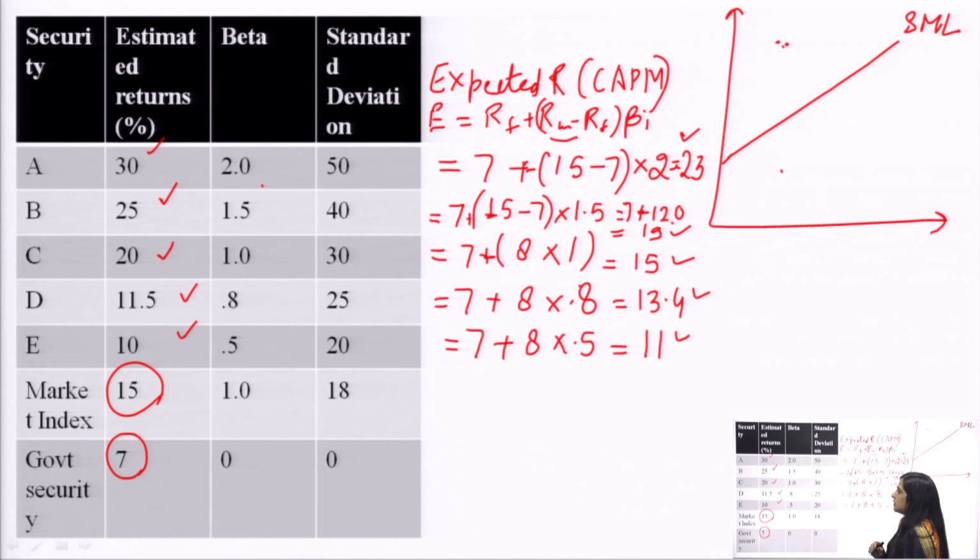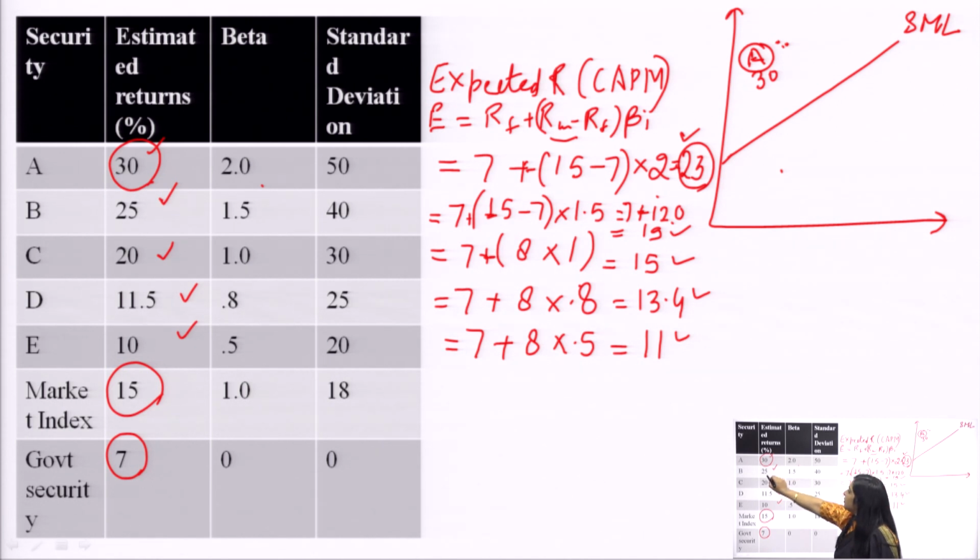So, if we compare this with this, for security A it is evident that security A is giving us 30% return, but according to CAPM it should have provided us 23% return. What does it mean? It means that it is giving us better returns. So, this 23 should lie on this line, but it is giving us 30%. So, security A would be underpriced, it is giving us better returns.